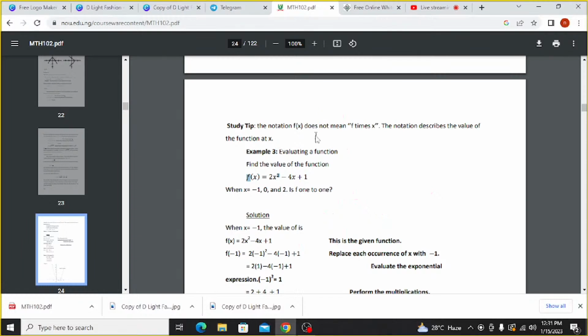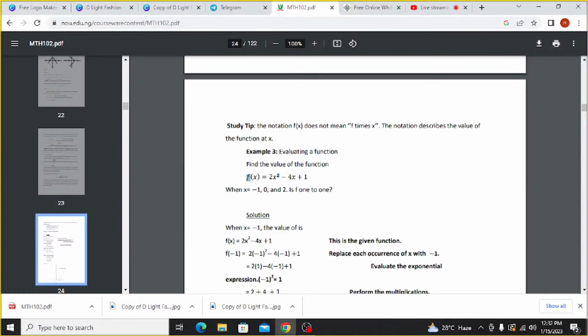Now, for this type of example: evaluate the function. Find the value of the function f(x) equal to 2x² minus 4x plus 1 when x equal to -1, 0 and 2.